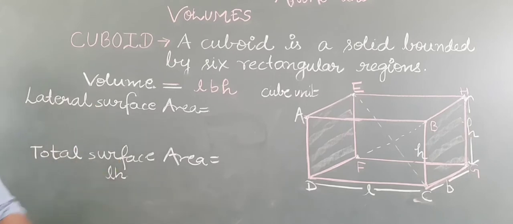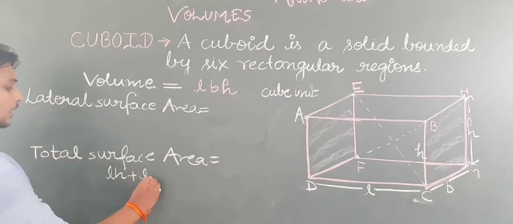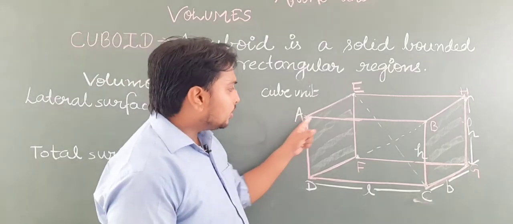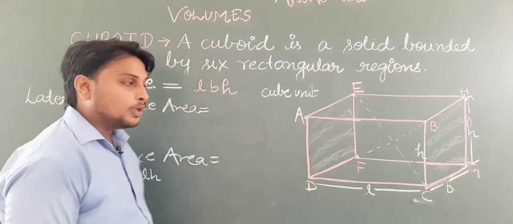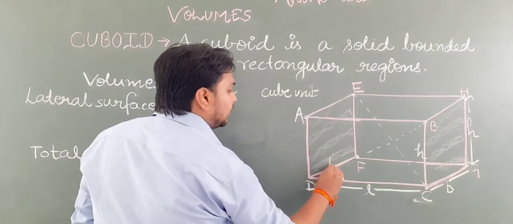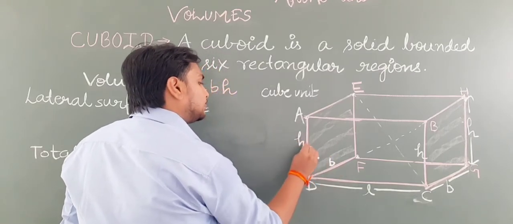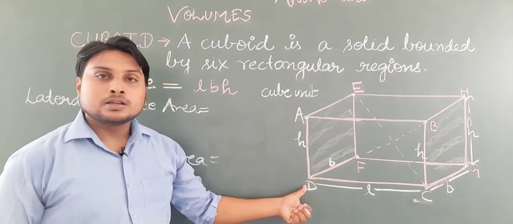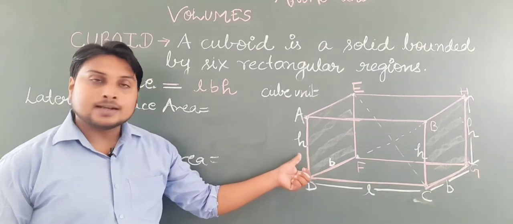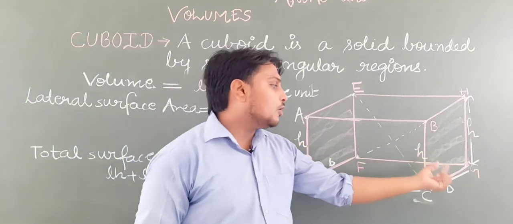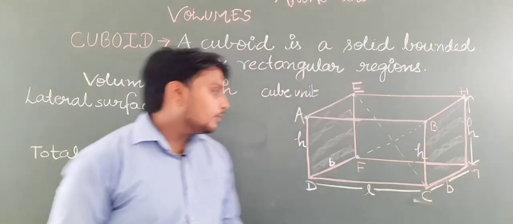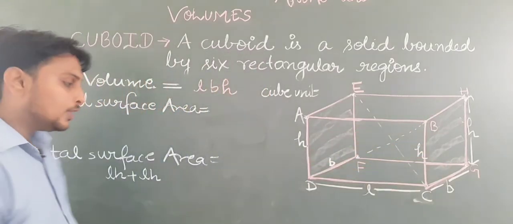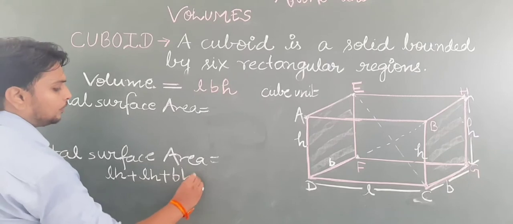Now coming to the surface AEFD, here you can see it is B and it is H. So the area of AEFD will be B into H, and the same area will be of the opposite wall, that is B into H. Means AEFD and BCGH will have the same area, BH plus BH.